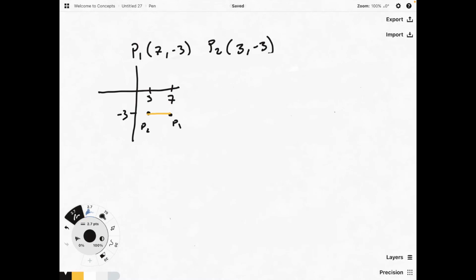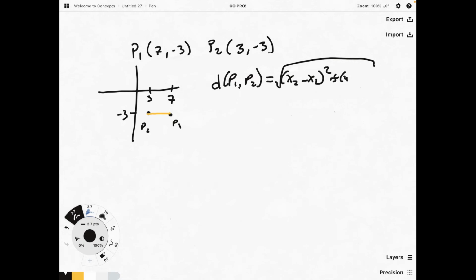We can use the distance formula that we just learned, so the distance between P1 and P2 equals the square root of x2 minus x1, that quantity squared, plus y2 minus y1, and that quantity squared.